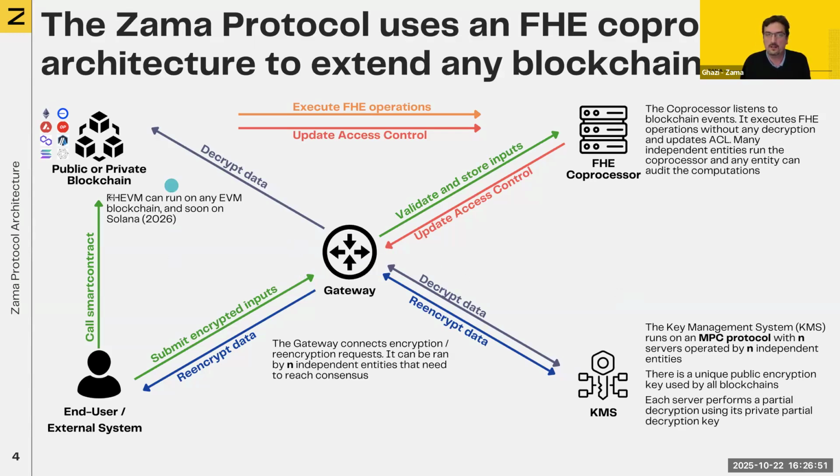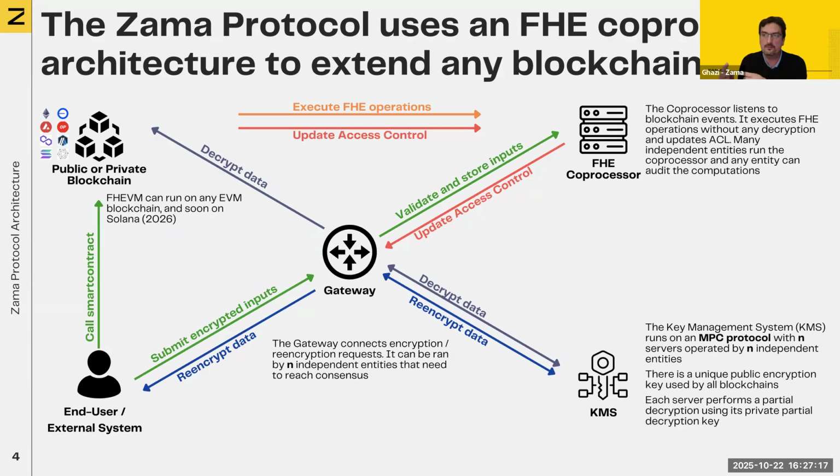So the ACL lives inside the Ethereum chain, and that's why it's put in red, update access control. So inside the smart contract, when I modify my balance, I remove whatever amount that I'm sending you, and I have now a new balance, I have to explicitly say that this new balance can be decrypted by me inside the smart contract.